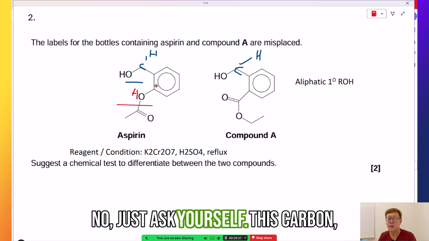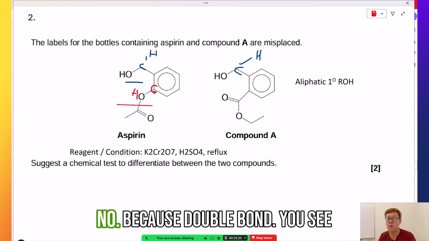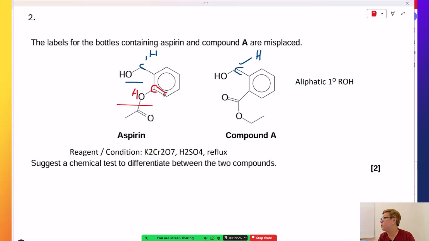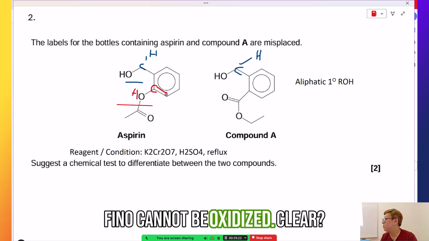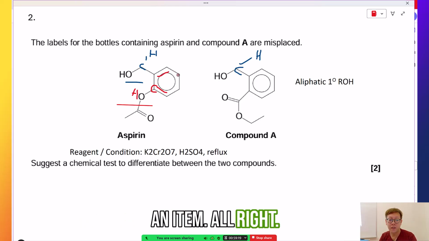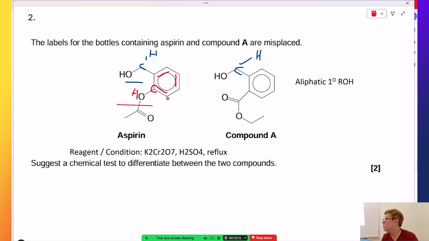Now, just ask yourself, this carbon, does it have a H? Does it have a H? No. Why? Because double bond. You see, this carbon already have 4 bonds. Phenol cannot be oxidized. Clear? Now you draw your pi bond, pi bond like that, correct? This carbon already have 4 bonds.